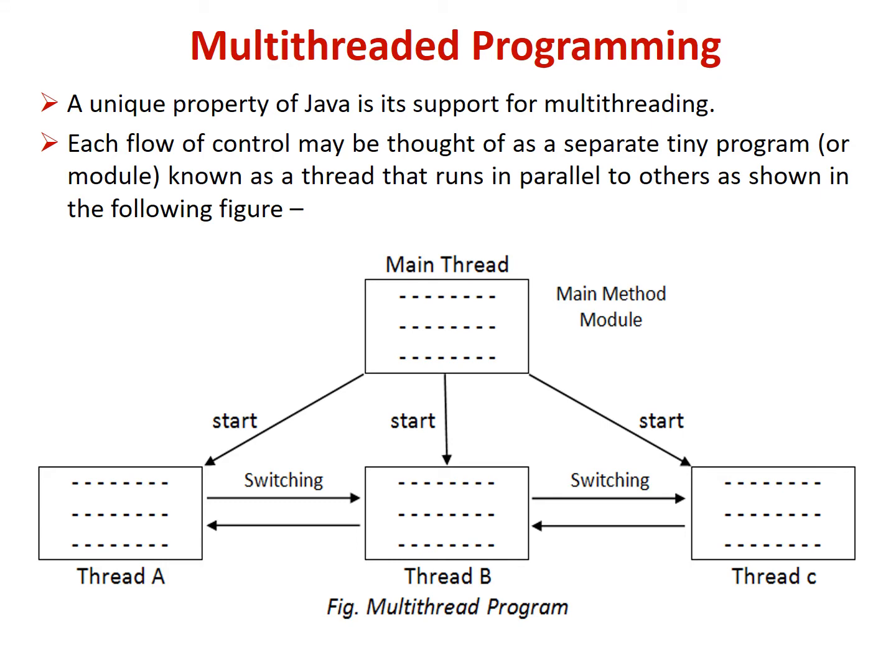Since threads in Java are subprograms of main application program and share the same memory space, they can be known as lightweight threads or lightweight processes. Since all the threads are running on a single processor, the flow of execution is shared between the threads. The Java interpreter handles the switching of control between the threads in such a way that it appears they are running concurrently.